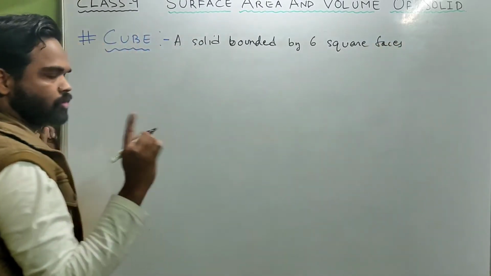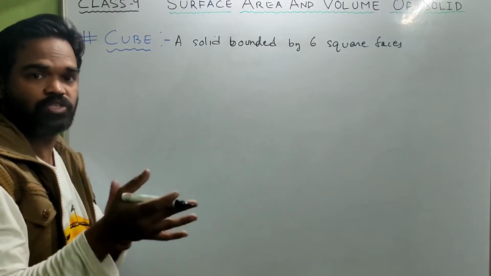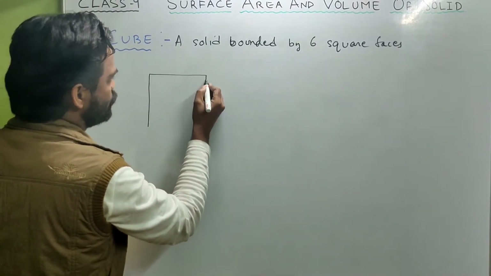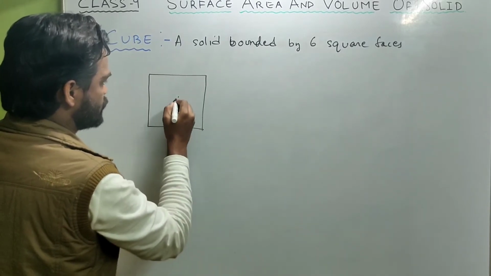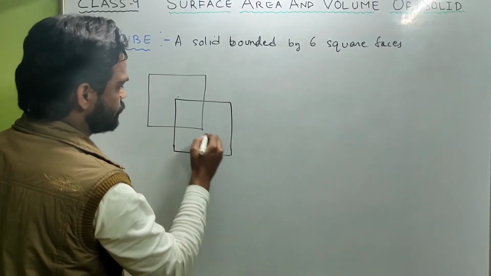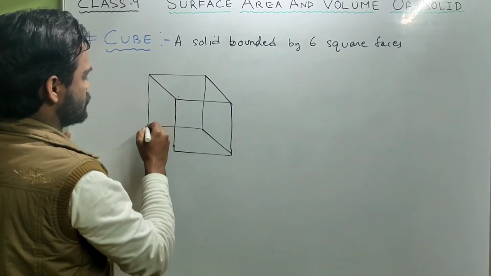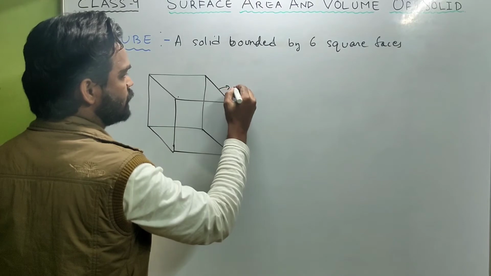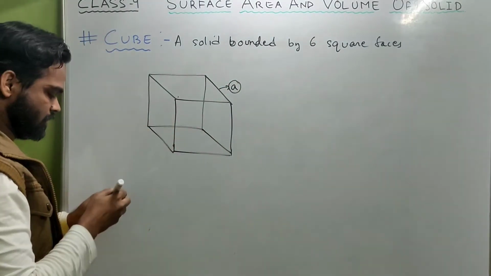When we are talking about a cuboid, it was 6 rectangular faces. So the rectangular faces are replaced by square faces. It becomes a cube. You must have seen a dice, you play Ludo with that. That's a cube, isn't it? Suppose the side is A unit, the edges are A unit.